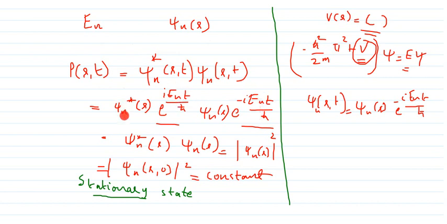What remains is only the spatial part, psi n star into psi n, that is mod psi n of r squared. The time part has disappeared from the probability, which means the probability is always a constant. Such an eigenstate where the probability is always constant is named a stationary state.